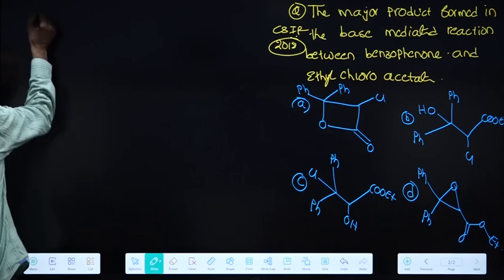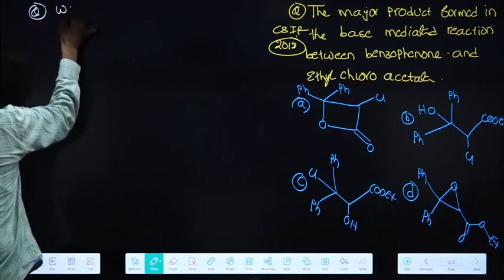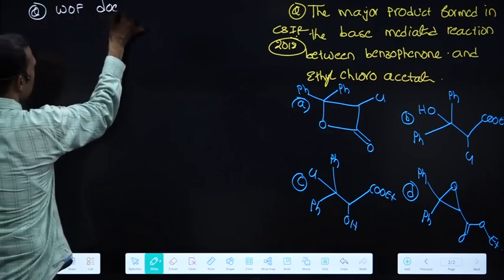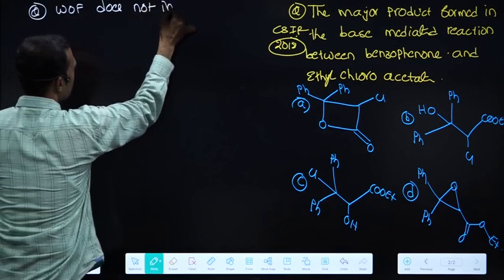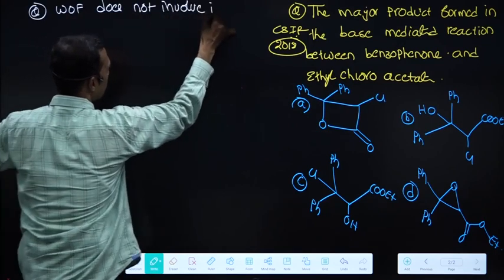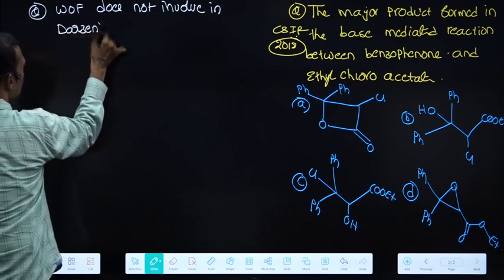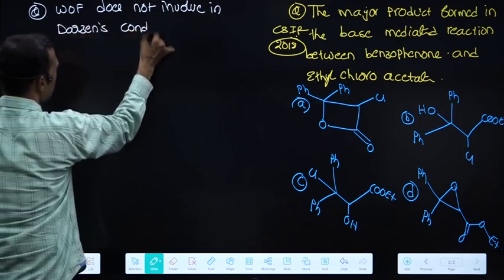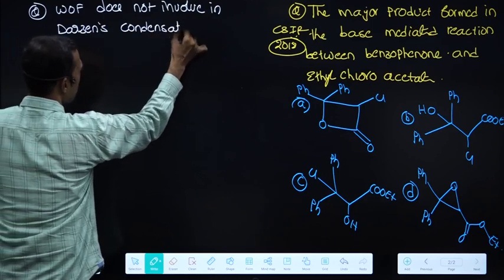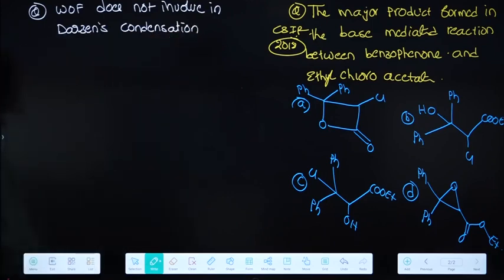Which of the following does not involve in Darzan's condensation? Does not involve.